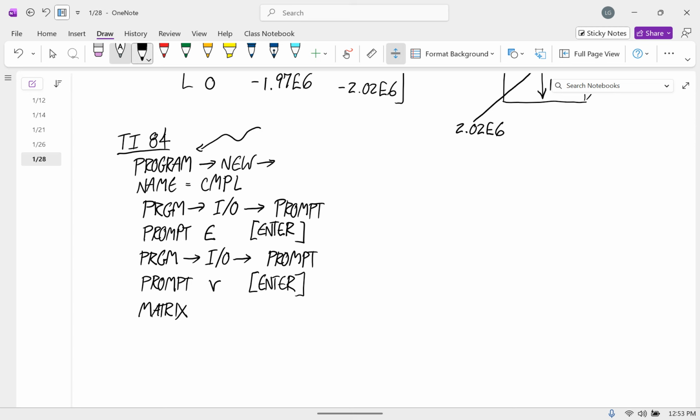I guess I'll put it in matrix, edit. And this matrix will have to stay like this then? Yeah, whichever one you put is going to be permanently your compliance matrix.